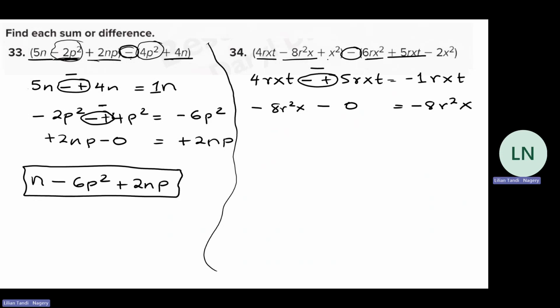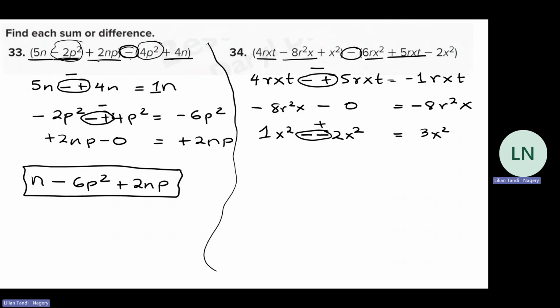Then you look at this one, x squared, so this is 1x squared minus negative 2x squared. But before we do that, I'll come back and do the other one. So this becomes plus, and this becomes 1 plus 2 becomes 3x squared.